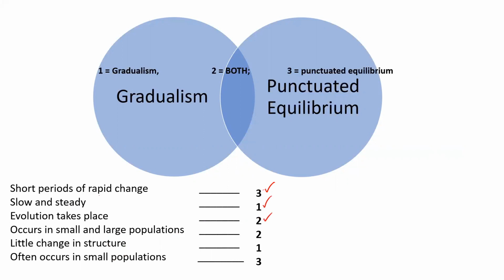Evolution takes place for both of them, occurs in small and large populations. Little change in the structure, occurs in small populations, is punctuated equilibrium. Why? Because of something called genetic drift. You're going to get into that in Bio 30. And that's it.